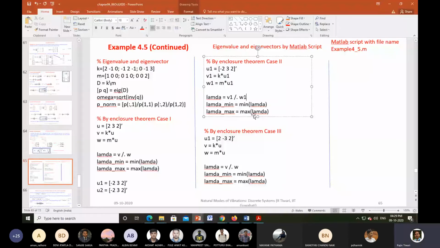Similarly this we can define. So this is the second case. Third case, similarly we can do by defining this. So this we can define as 2. This I think you can do.